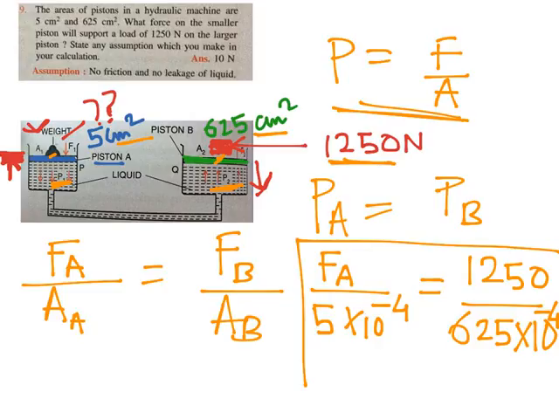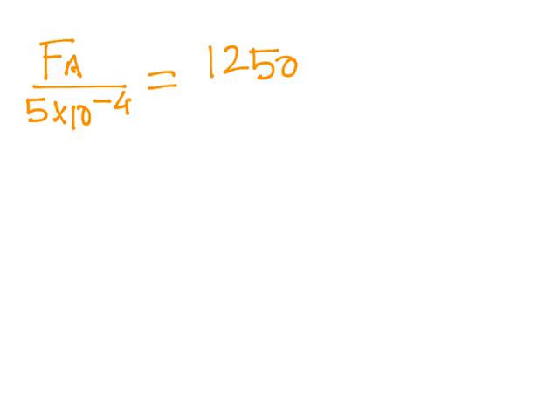Let me write the same thing one more time: FA by 5 into 10 to the power minus 4 is equal to 1250 by 625 into 10 to the power minus 4.